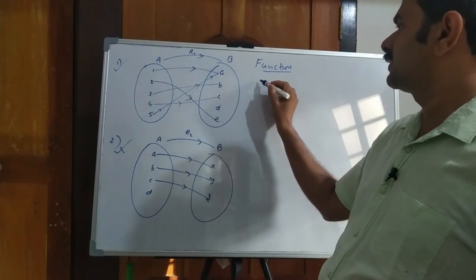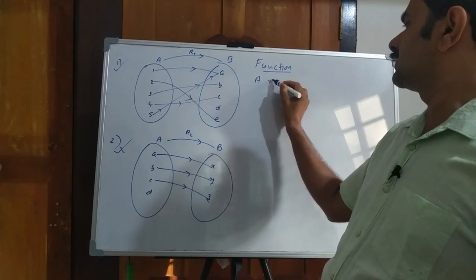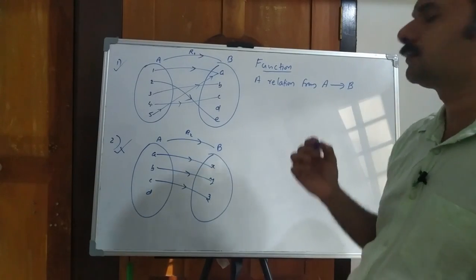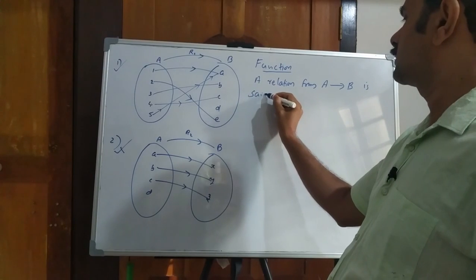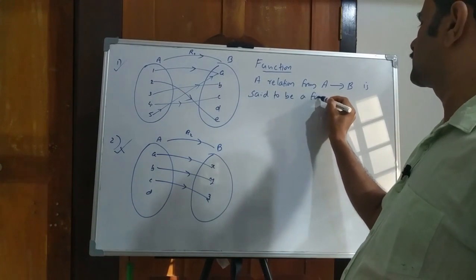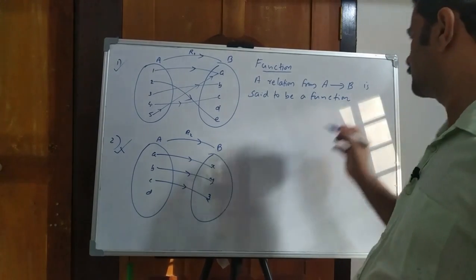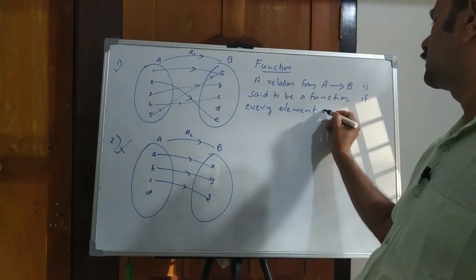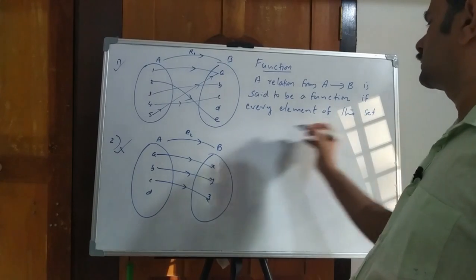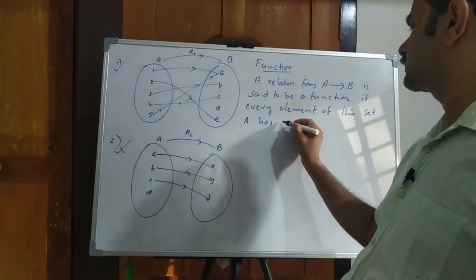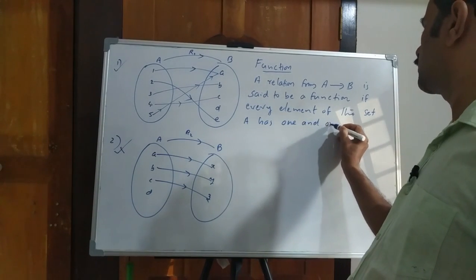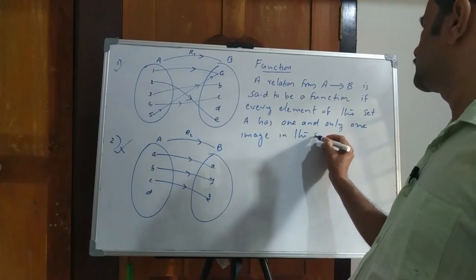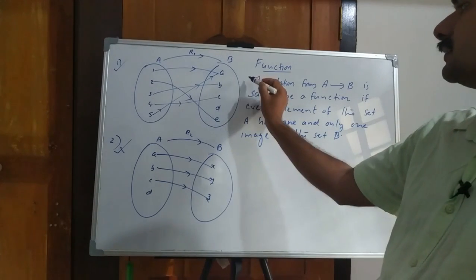What is function? A relation from A to B is said to be a function if every element of the set capital A has one and only one image in the set capital B. This is very important.